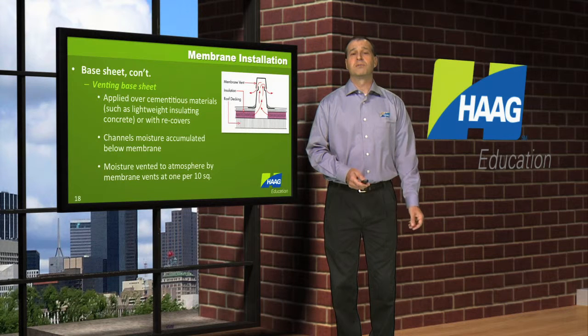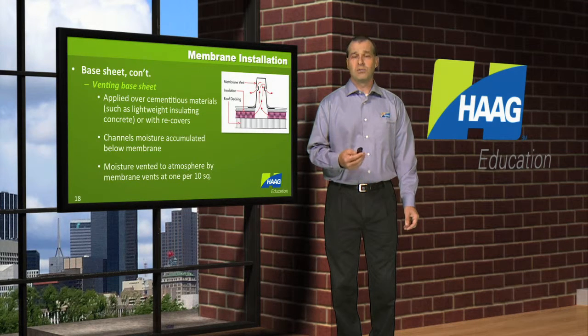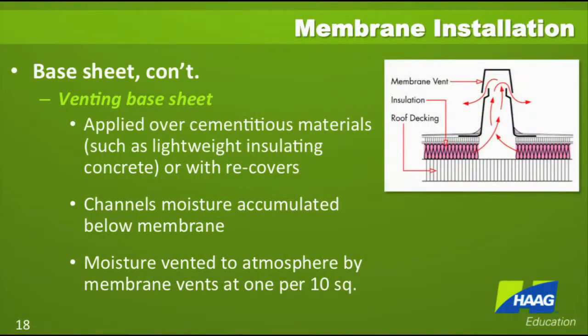Sometimes you would want your base sheet to allow moisture to vent from underneath it. This would be common for two different scenarios. One, if you're roofing over an old roof system that has had leakage problems, is believed to contain moisture, you would want to provide some venting of the moisture to come out of that roof system. Another can be for newer construction. If you're applying over cementitious materials such as lightweight insulating concrete that also would have a fairly high moisture content as it is curing.